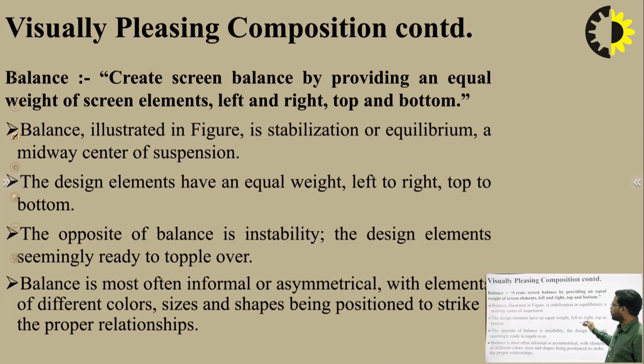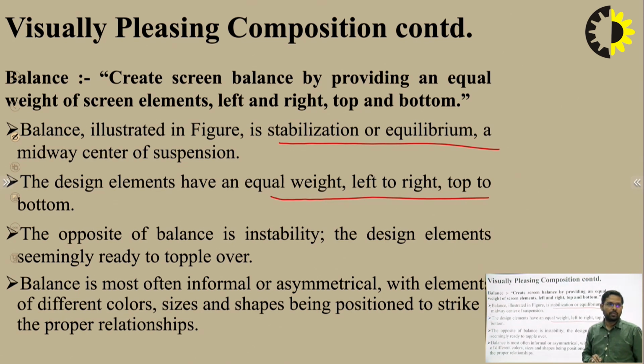Balance, as shown in the upcoming figure, is stabilization or equilibrium at the midway center of the suspension. So design elements have equal weight left to right, top to bottom, and the opposite of balance is instability. The design elements seem ready to topple over.